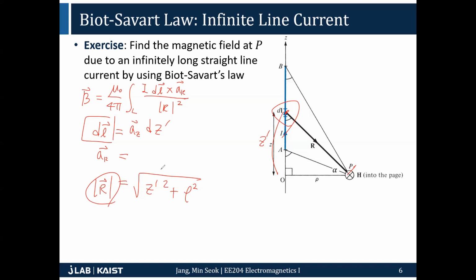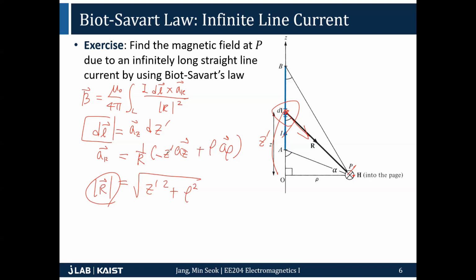And then a_R is kind of trivial, from here to this position. So how can I write it? 1 over R, a combination of the z component and rho component: the rho component is about rho, and the z component is z prime minus z.